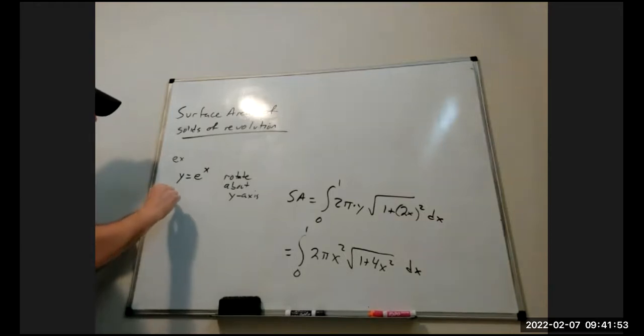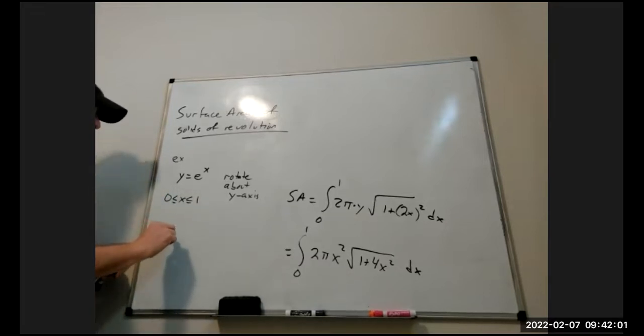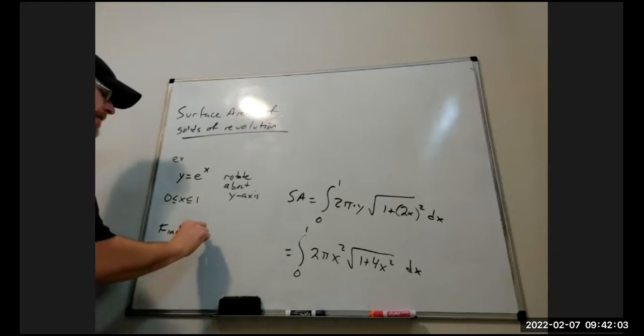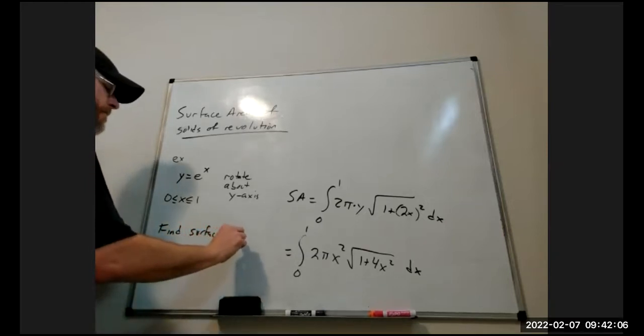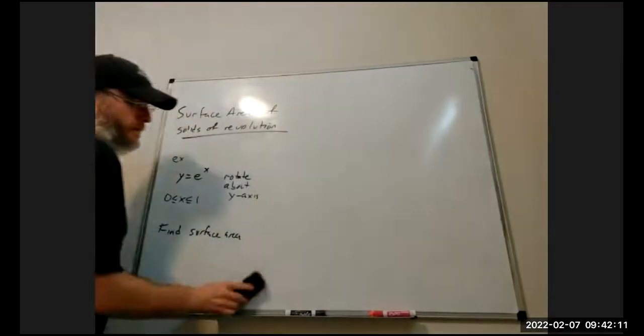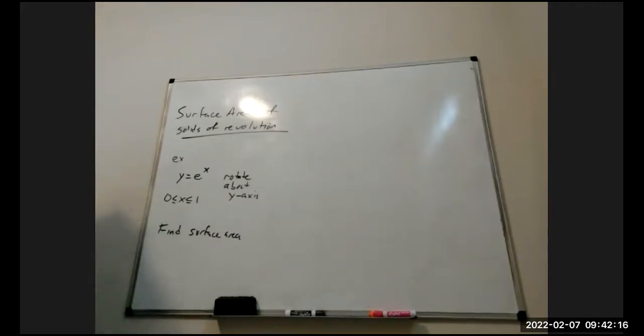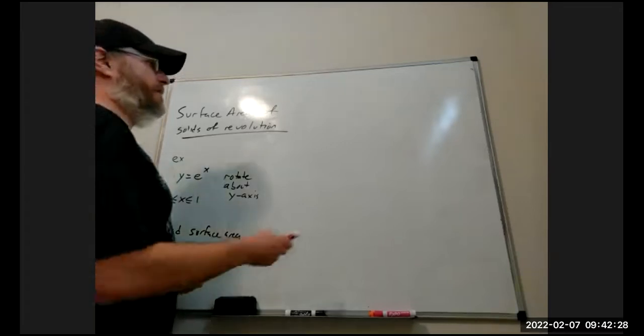And we'll just go with x between 0 and 1. And what we're going to do is find the arc or the surface area. All right, so let's see if we can get this thing set up so that we can calculate it. So y equals e to the x between 0 and 1.